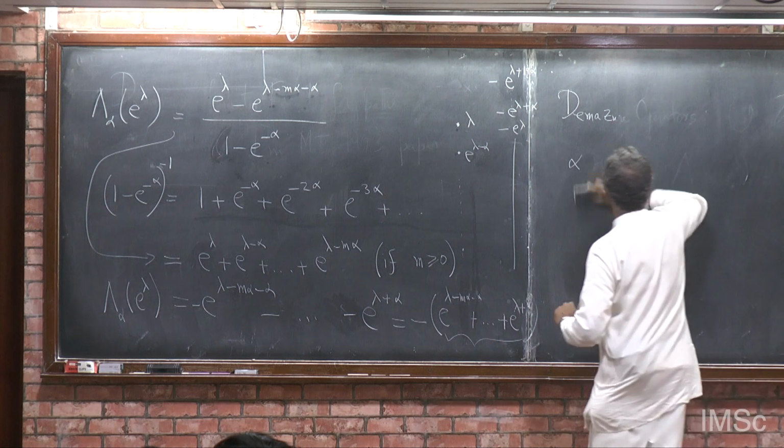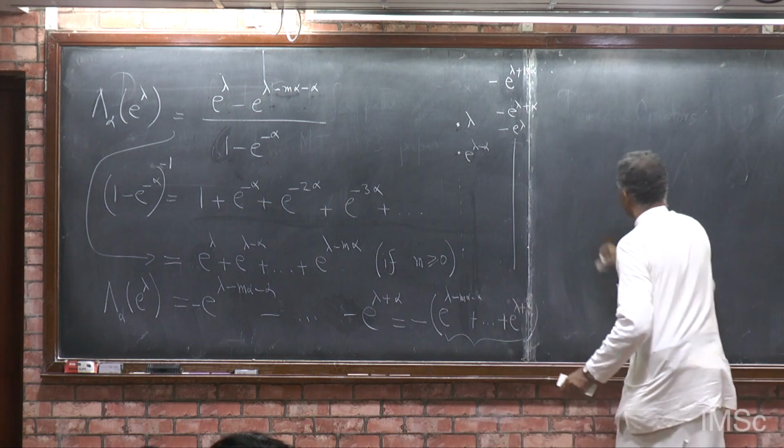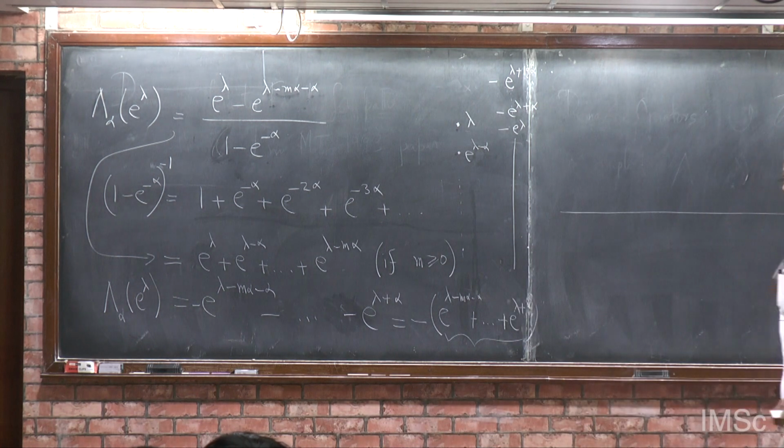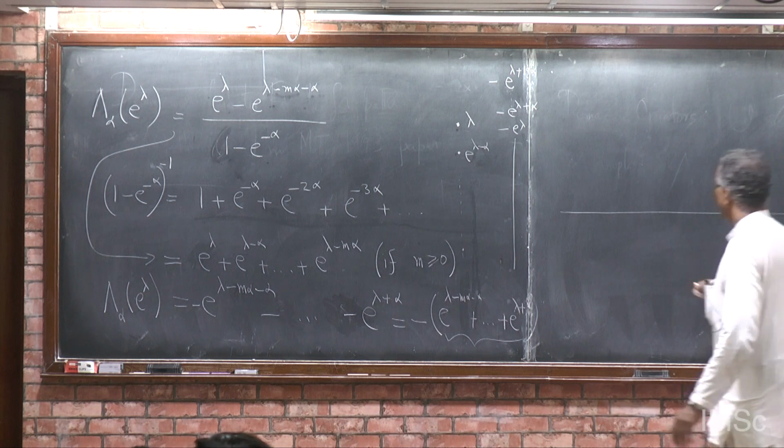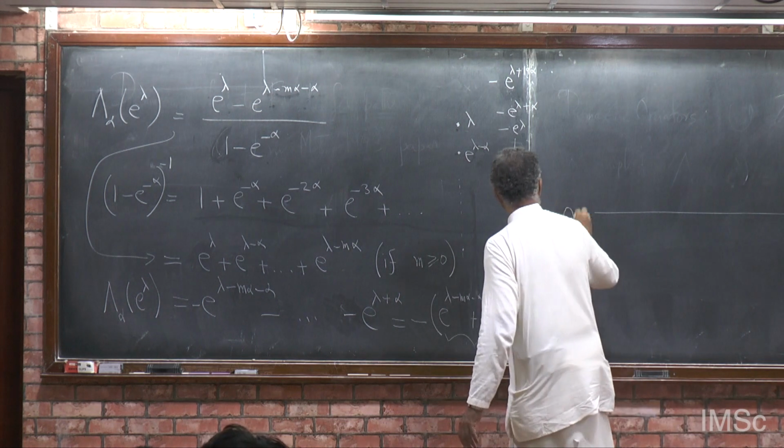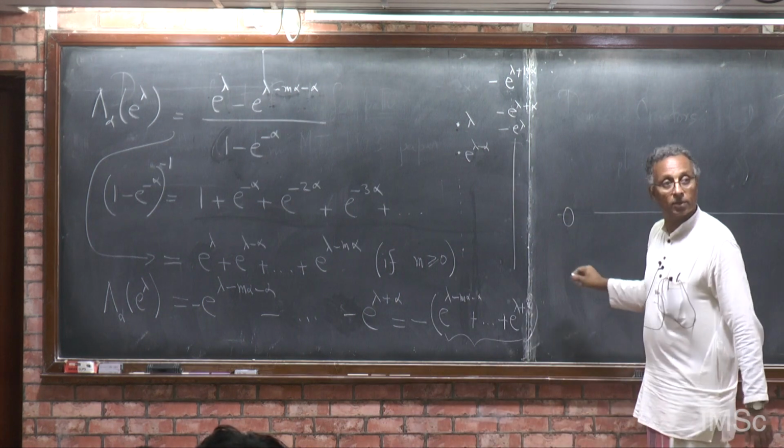So let's draw this picture. The whole of this Demazure character formula is just an understanding of this picture. So this is the weight picture for SL2, right? I'm used to writing it top to bottom. So this is 0 weight, right?